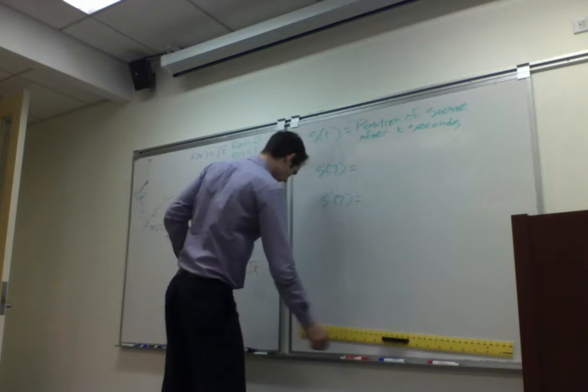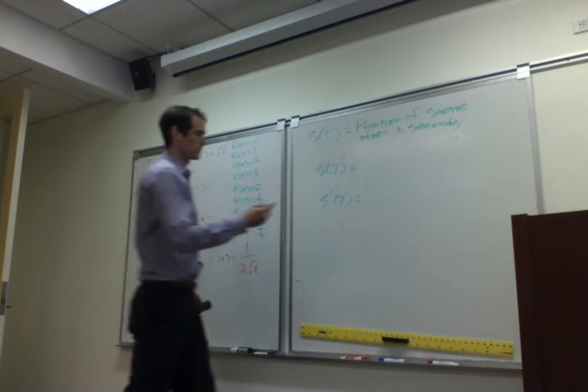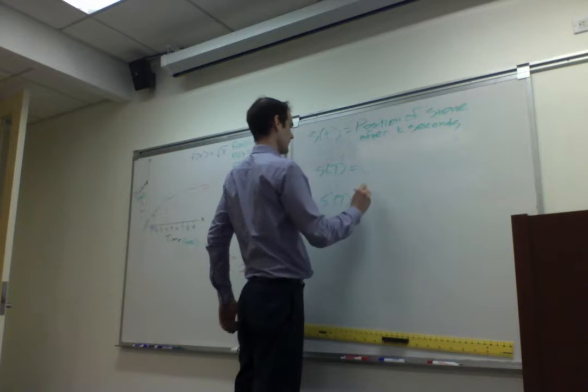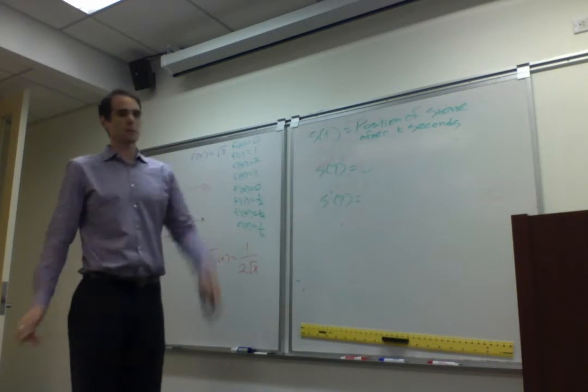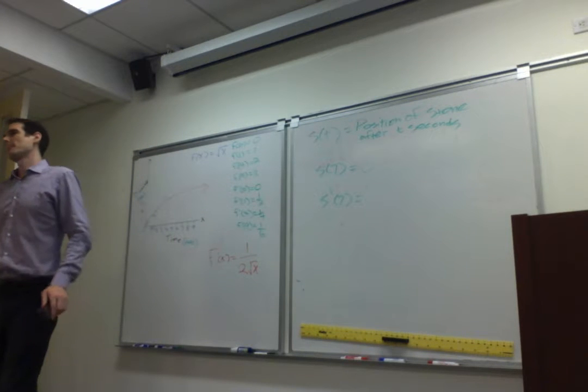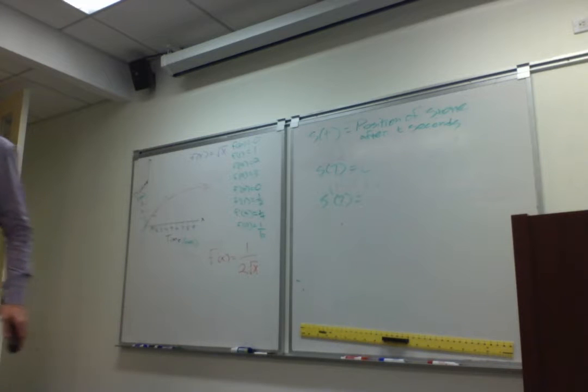All right, so in practical terms, what does S of 7 equals 0 mean? Yeah, let's start with that. Time? I'm sorry, but I cannot accept time as an answer. Position of what? Stone. Position of the stone.